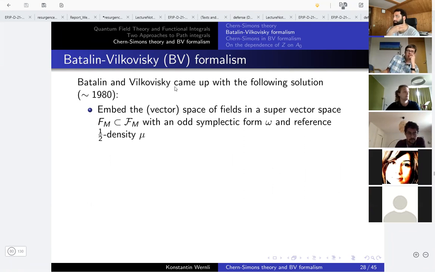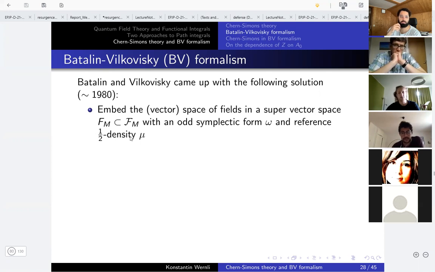So I assume that my space of fields is a vector space, right? So in Chern-Simons theory, it's the case. It's a space of one forms. And I'll embed that space of fields in a super vector space, which I call curly F. And that super vector space has an odd symplectic form, and it has a reference half density mu.